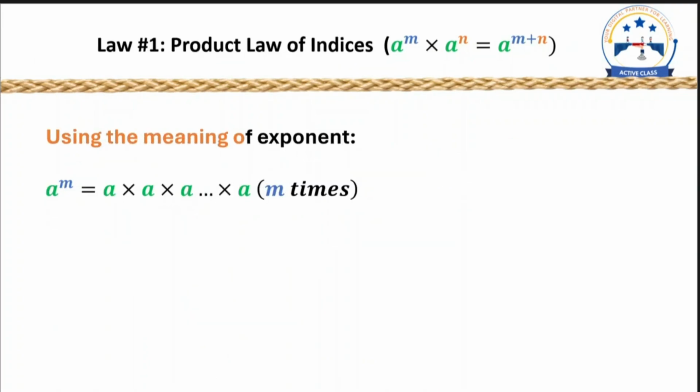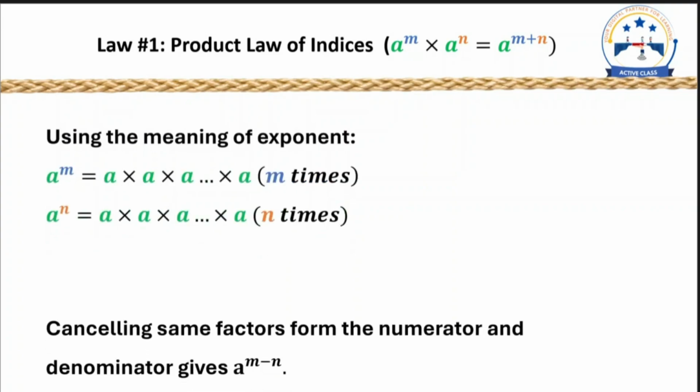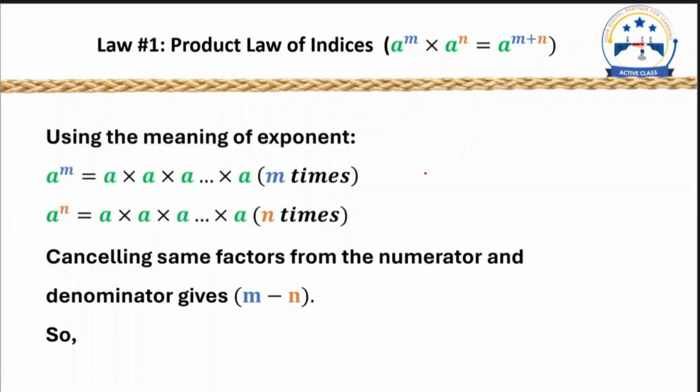Using the meaning of exponent, a power m means we multiply a m times, and a power n means we multiply a n times. As we have done before, 5 power 4 divided by 5 power 2 is simply equal to 5 power 4 minus 2. That means the power gets subtracted.